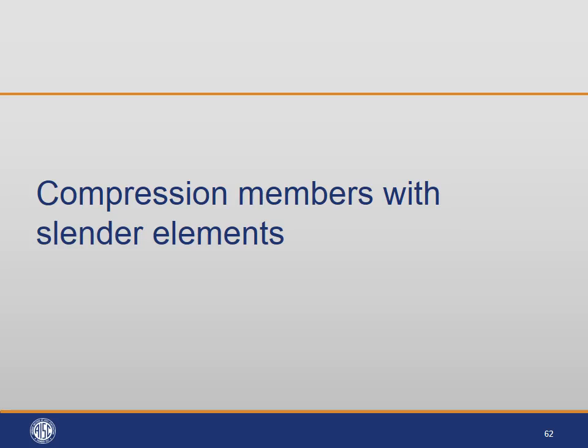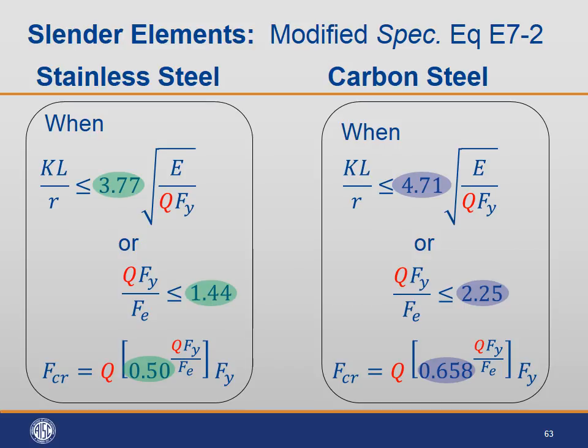Now, how we deal with compression members which have slender elements is exactly the same as those without slender elements, as you would expect. So these two equations, they're the equivalent to E3-2 and E3-3, and they simply have the Q factor, which is the net reduction factor, which is what you need for slender elements.